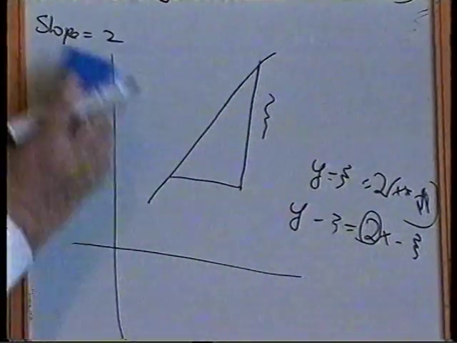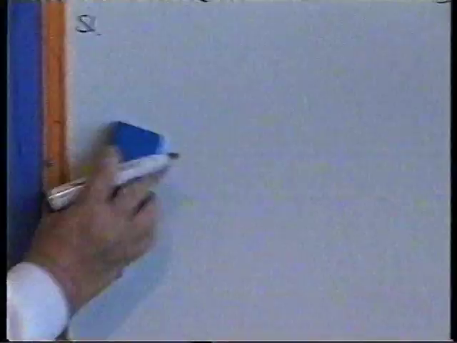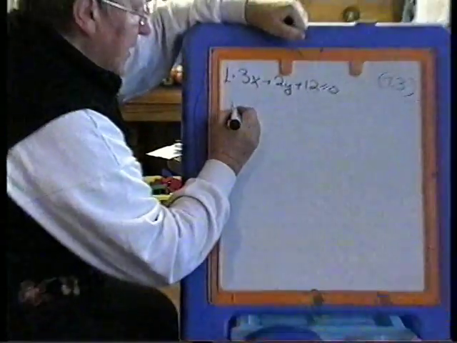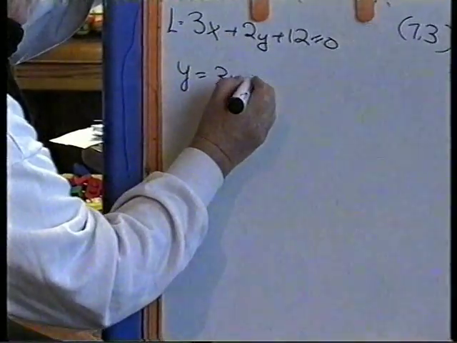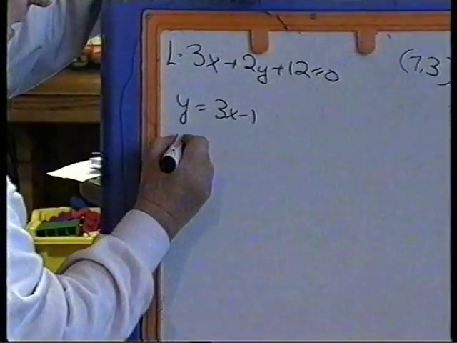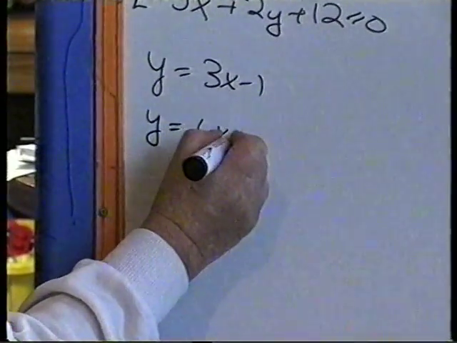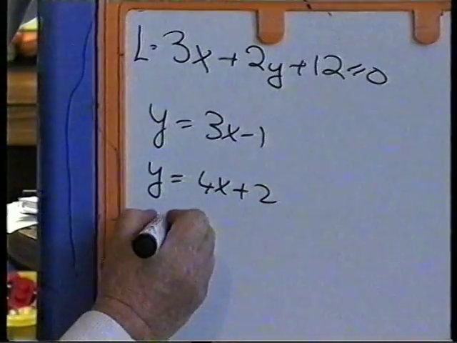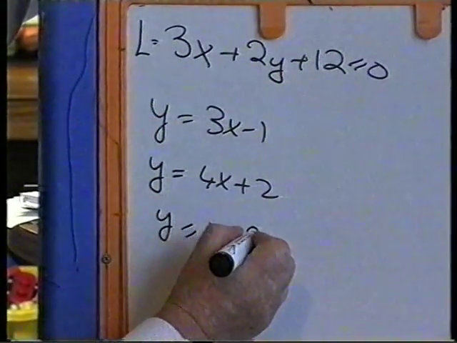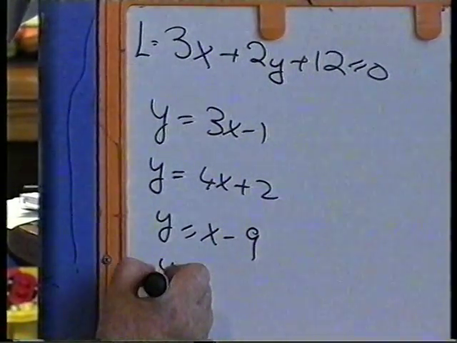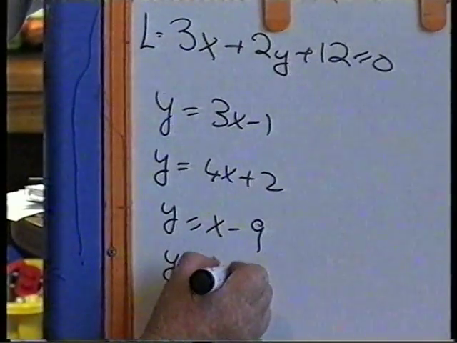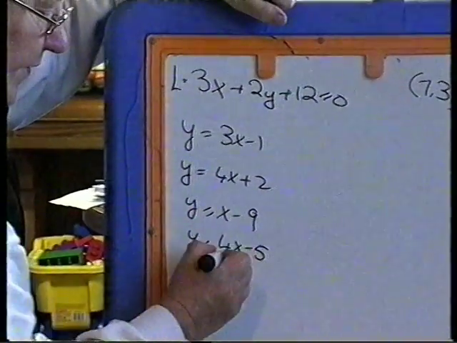Let's make it clearer with a few examples. If y equals 3x minus 1, the slope is 3. If y equals 4x plus 2, the slope is 4. If y equals x minus 9, the slope is 1. If y equals 4x minus 5, the slope is 4.